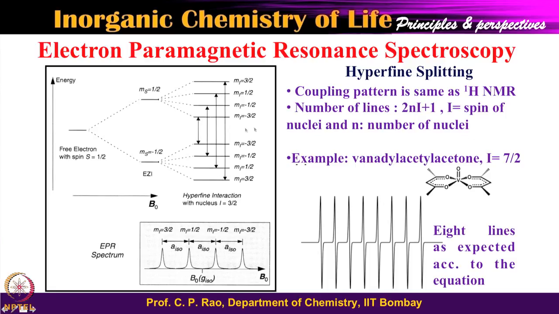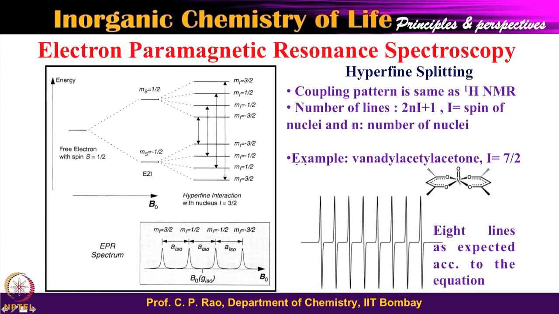So, the number of lines will depend upon 2NI plus 1. I is the spin of the nuclei, N is the number of such nuclei. Let us take one example to understand this. You have vanadyl acetylacetonate.